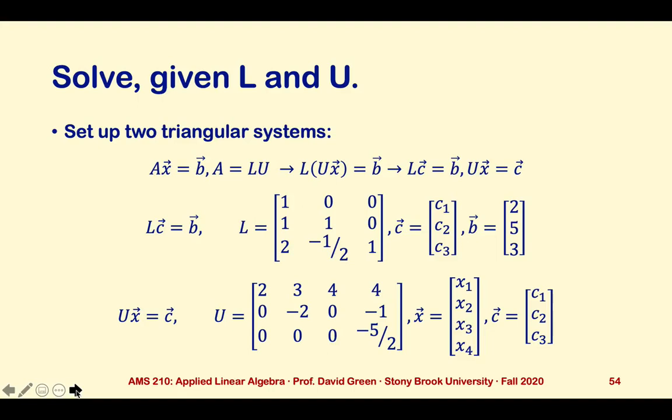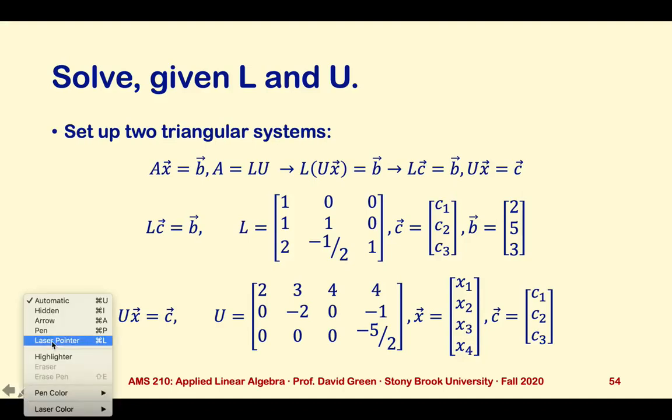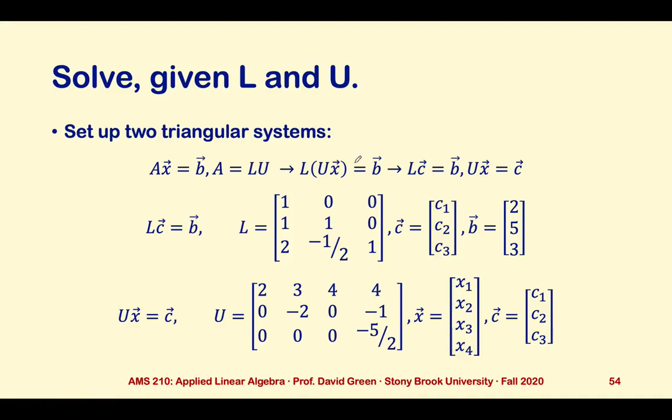The first step in solving systems by LU decomposition, after LU decomposition itself, is to set up two triangular systems that represent the original system. I'll remind you of the conceptual process behind that. If we have some AX equals B, and A can be written as LU, then we can replace A with LU.